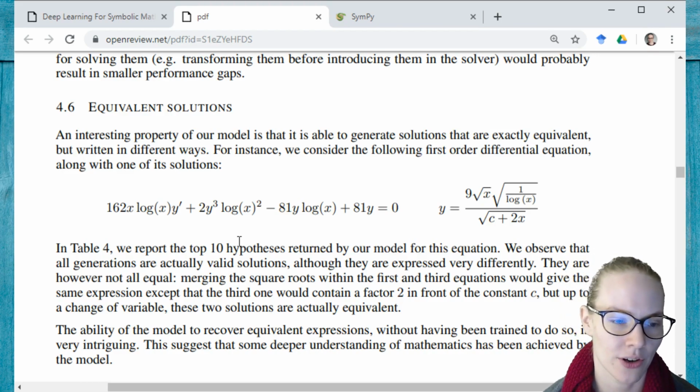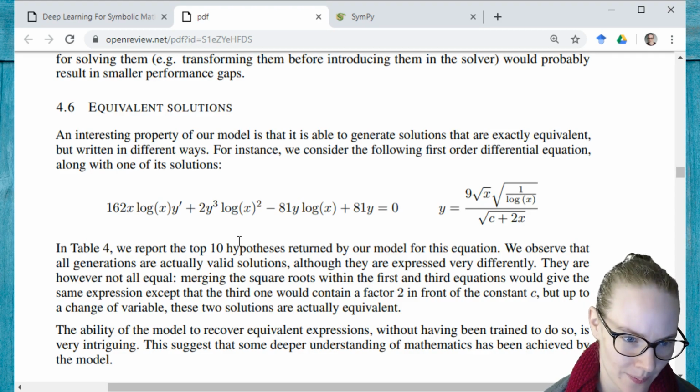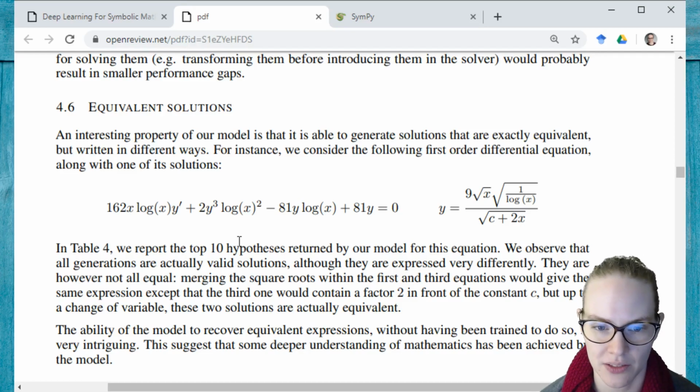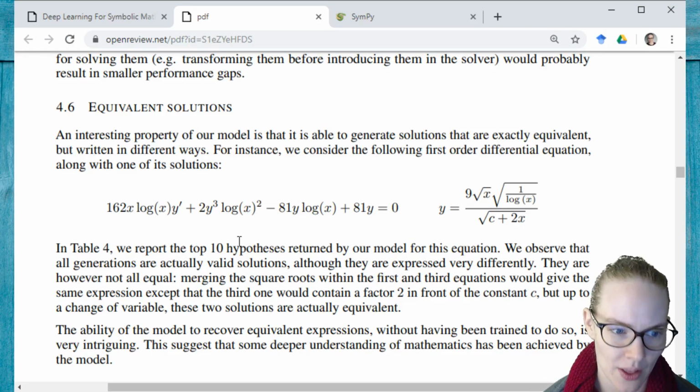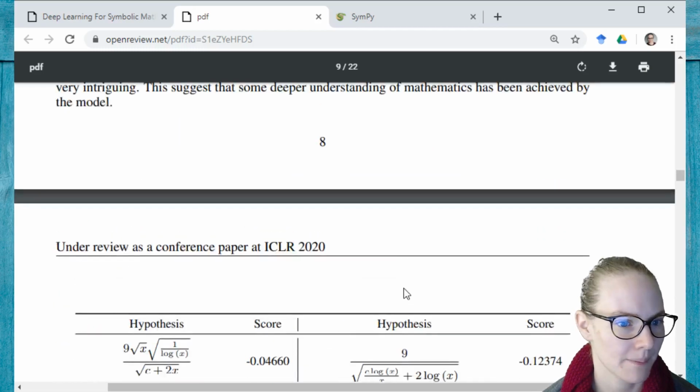They are, however, not all equal. Merging the squared roots within the first and the third equations would give the same expression, except that the third one would contain a factor 2 in front of the constant c, but up to a change of variable, these two solutions are actually equivalent.